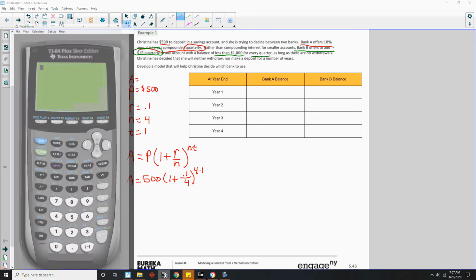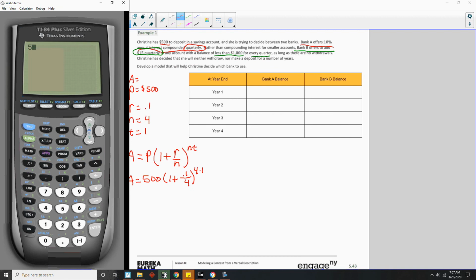So if I go to my calculator and put in 500 parentheses 1 plus another parentheses for my fraction 0.1 divided by 4, close that parentheses and all the big parentheses for the 1 plus the quarter, or 0.1 over 4, and that's going to be taken to the power of 4 times 1, which is 4. That will tell us what our $500 will become after 1 year of interest compounded quarterly.